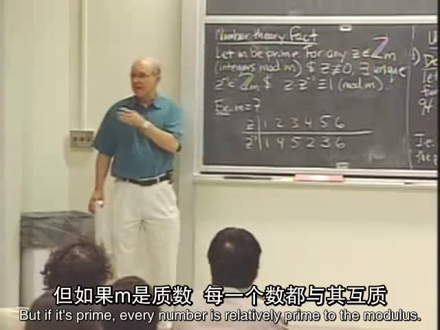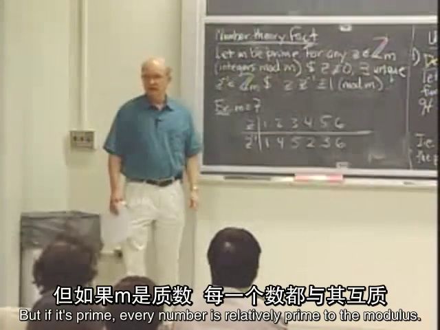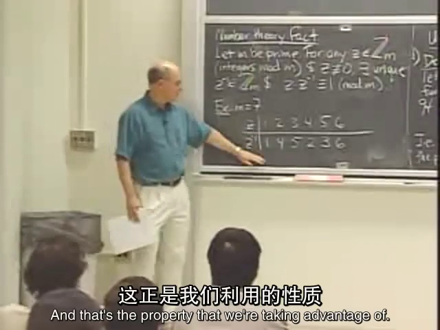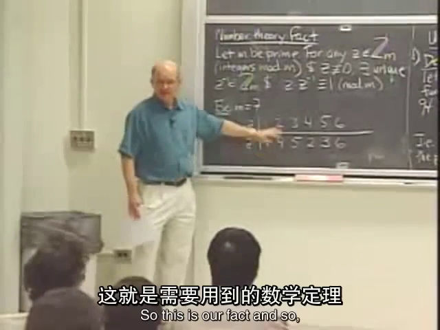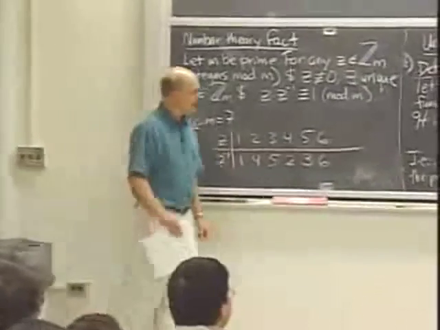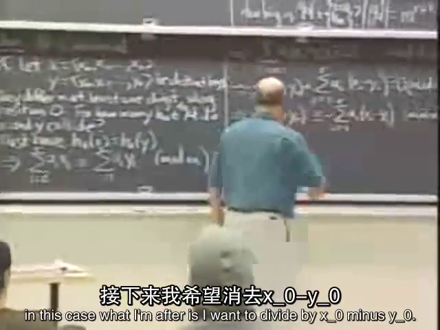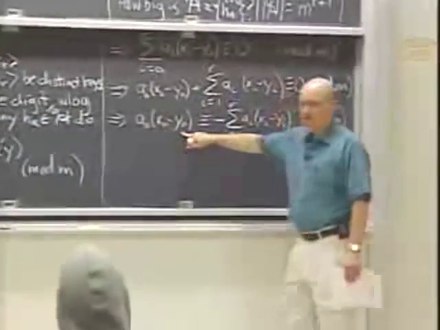But if m is prime, every number is relatively prime to the modulus, and that's the property that we're taking advantage of. So this is our fact. In this case, what I'm after is I want to divide by x0 minus y0.